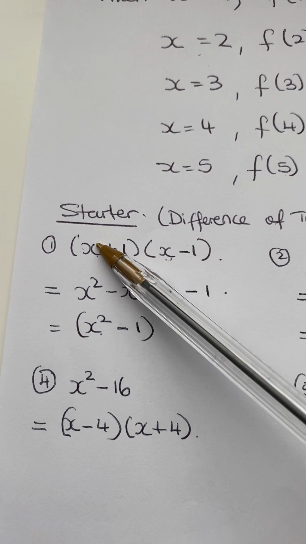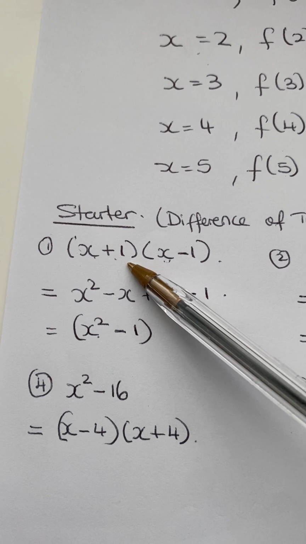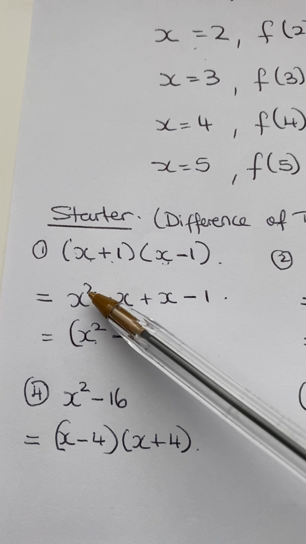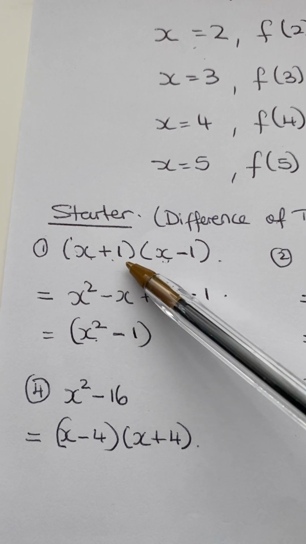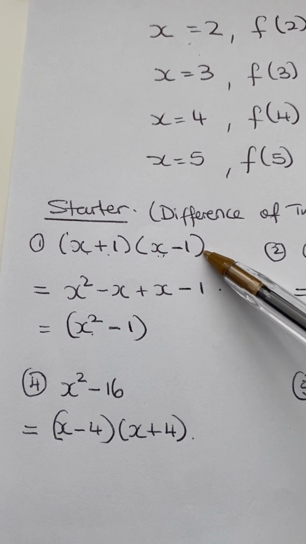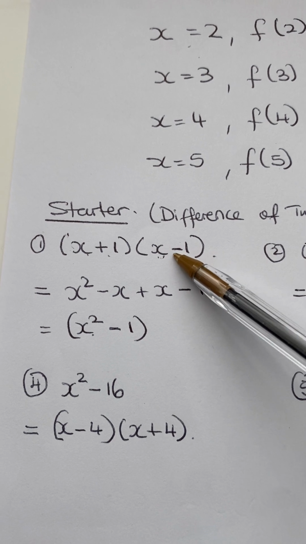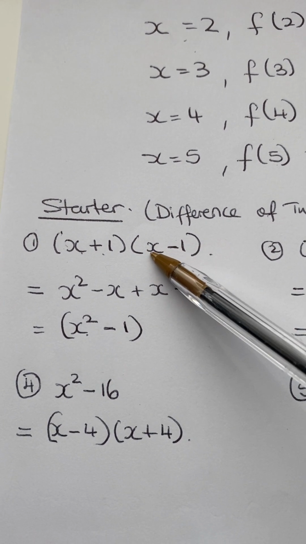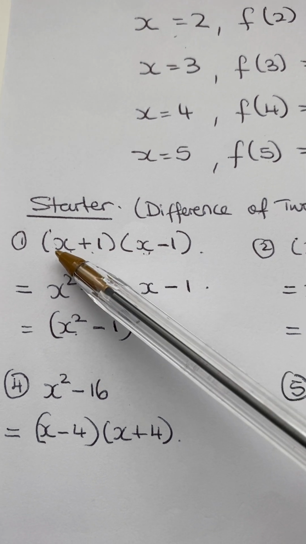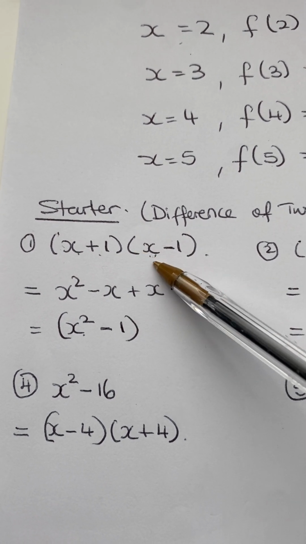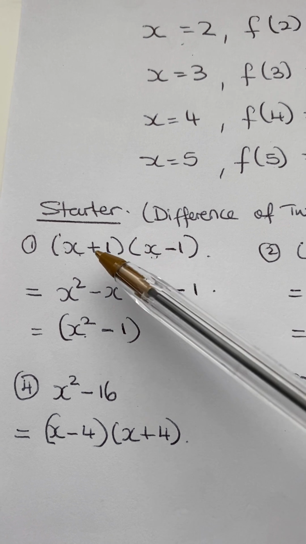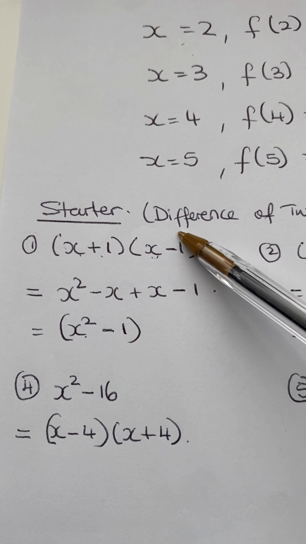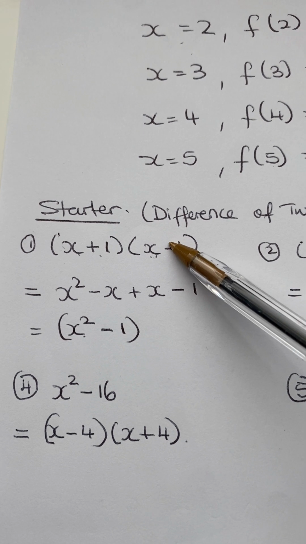So let's look at (x plus 1)(x minus 1). It means x will multiply everything in this bracket, and plus 1 will also multiply everything in this bracket.